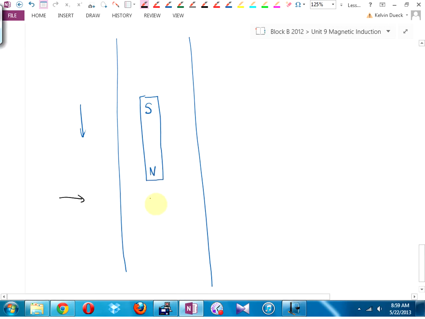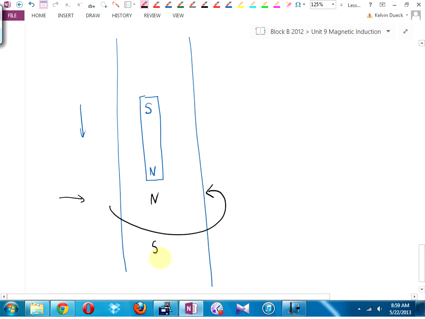What will we induce underneath the magnet? Well, what would resist a north pole moving down? A north pole pointing up? So right here, we're going to induce a current in that direction. That's going to give us a north pole there and a south pole there.